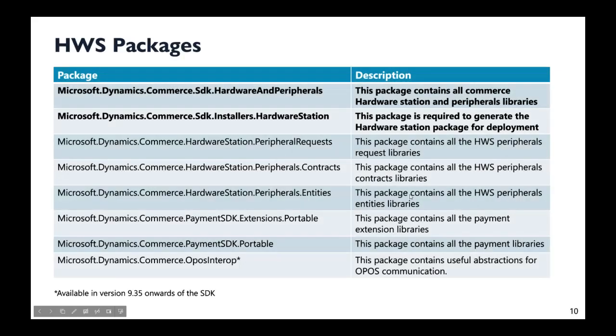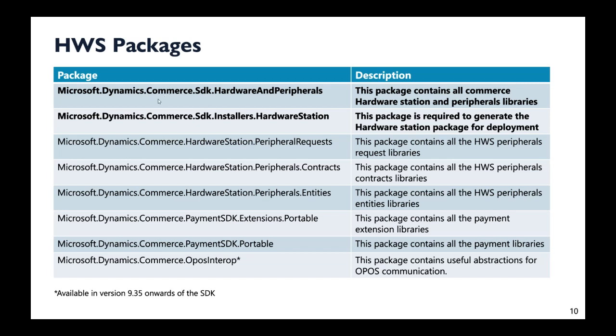it. So we'll talk first about migrating extensions, but before that, we need to talk about the packages that we are going to consume. So let's start off with that. These are all of the packages related to hardware station that developers can consume in the SDK. The two main ones, I put in bold.